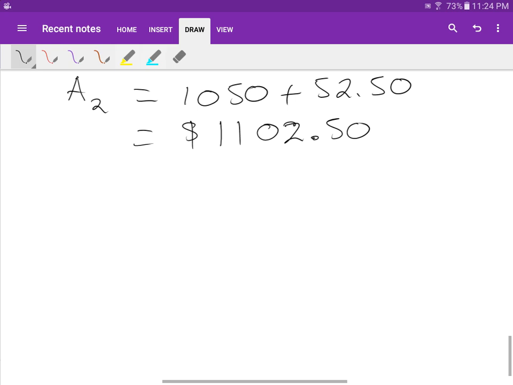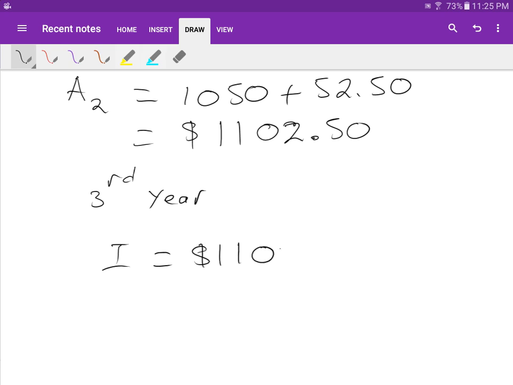Now, at the end of the third year, how much do I have? Let's say the third year. At the end of the third year, I will get this much interest: 5% of the second year amount, which is $1,102.50 times 5%, because I keep getting 5% of whatever I reinvest.